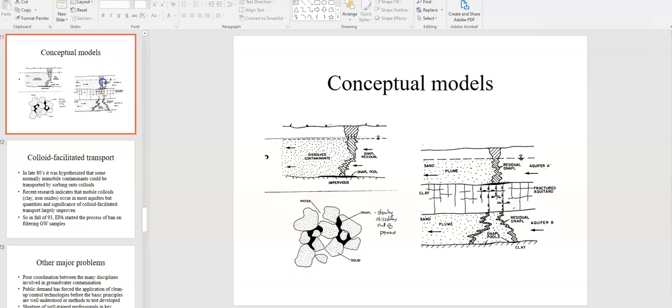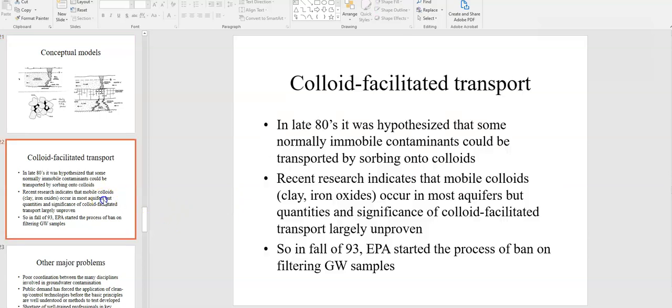The other thing that colloids can do is when you look at something like this with fracture flow, colloids find the path of least resistance, as you mentioned before, so colloids can actually move faster than the groundwater, because they will find the absolute fastest way to go. So sometimes you can get colloidal transport being some of the worst kind of problems that can happen.